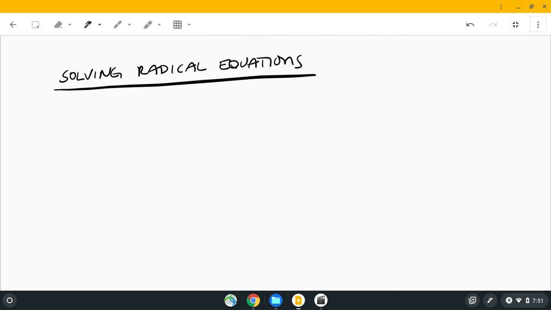Okay, so solving radical equations. What you want to do is definitely isolate the radical. If you have more than one radical in the equation, then pick one and isolate it.